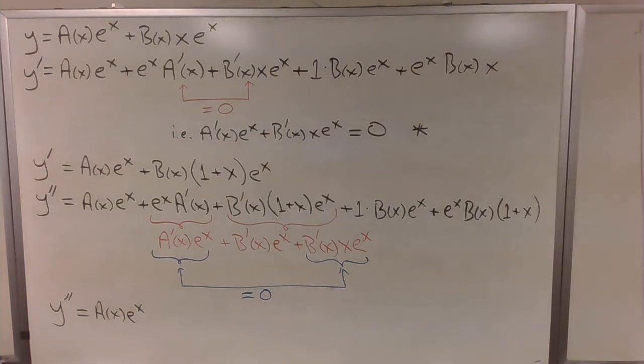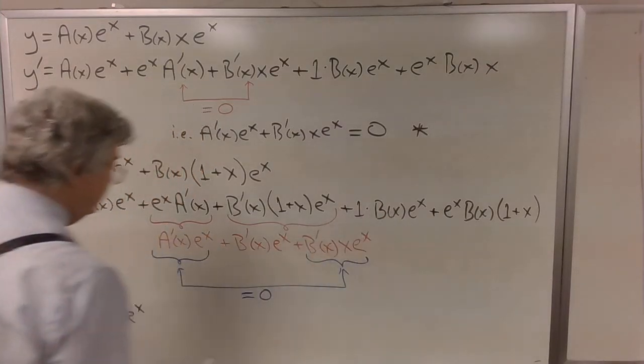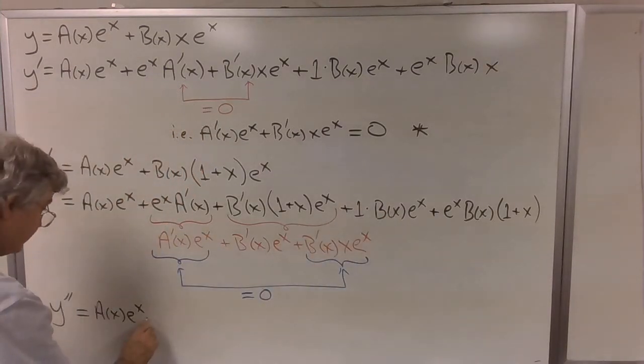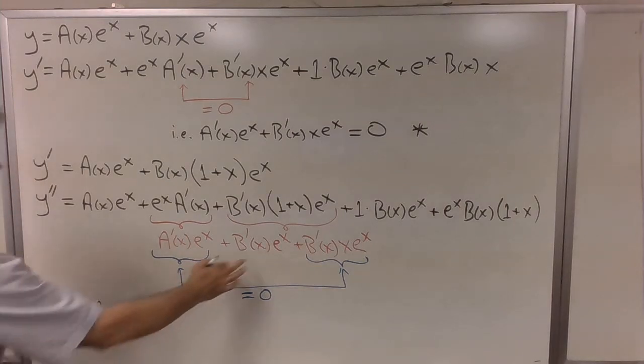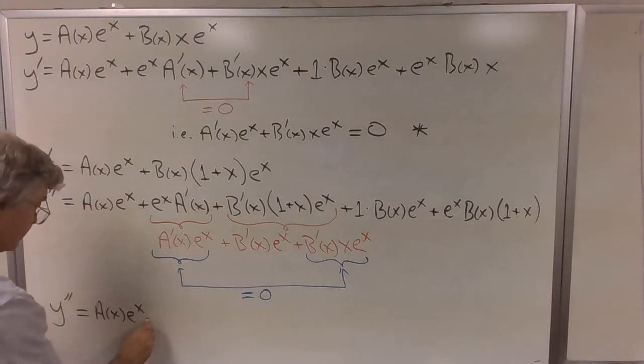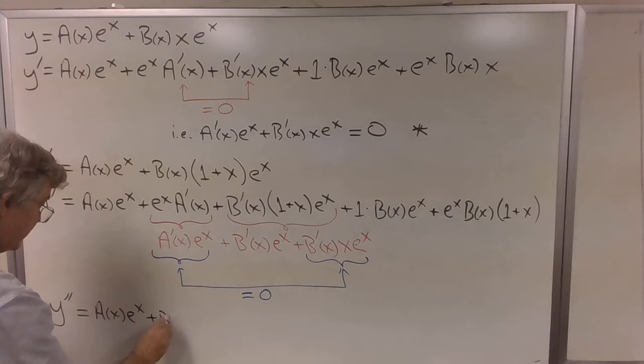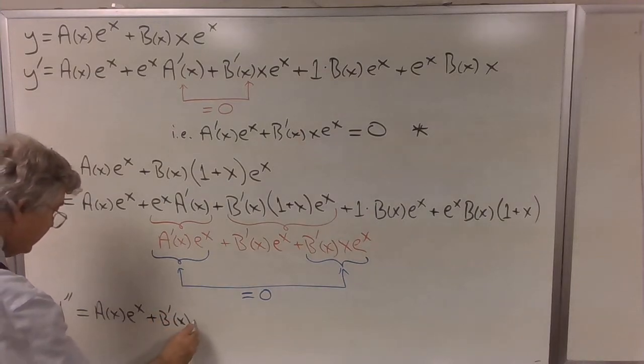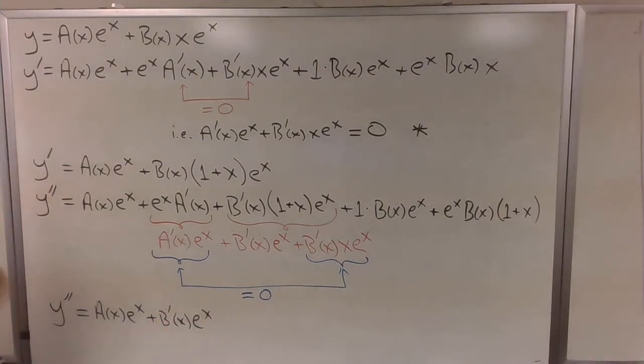And over here I get b of x e to the x. What the heck. I'll just write this one down right now. B prime of x e to the x. Okay. So I've taken care of this term. I've taken care of this term.